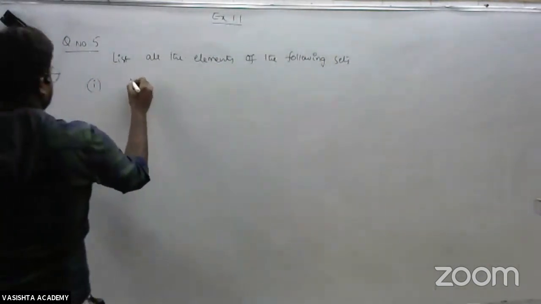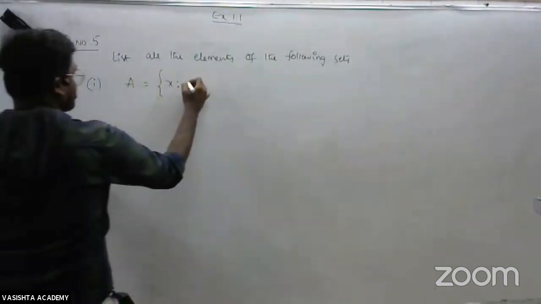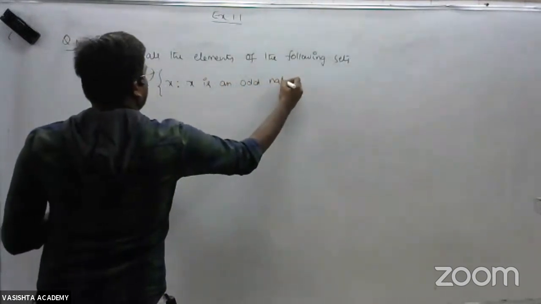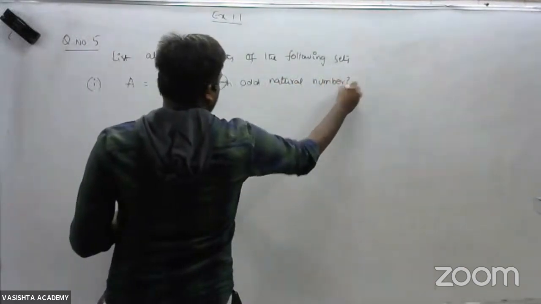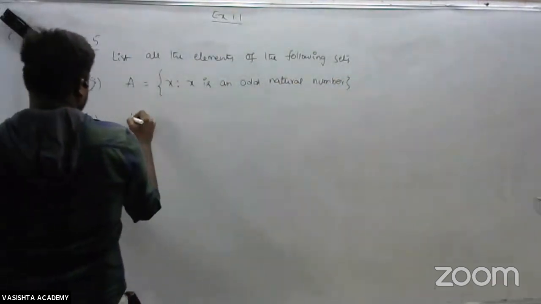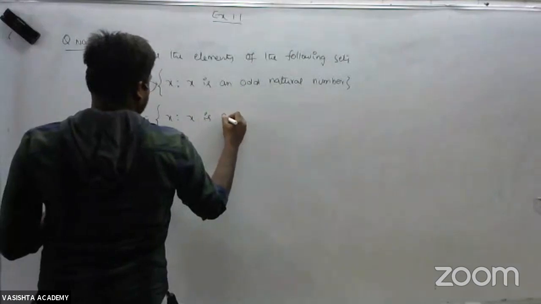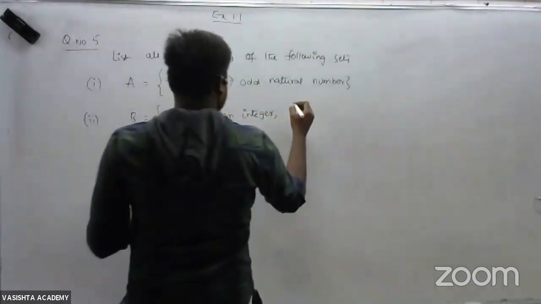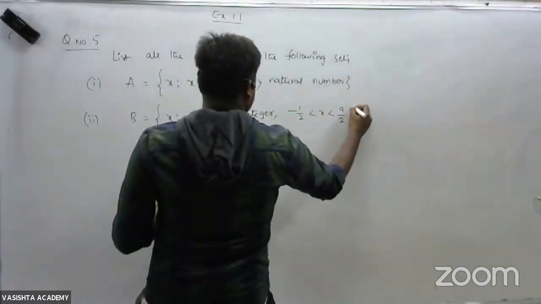First one, A equal to {x such that x is an odd natural number}. Second one, B equal to {x such that x is an integer and the range of x is -1/2 less than x less than 9/2}.